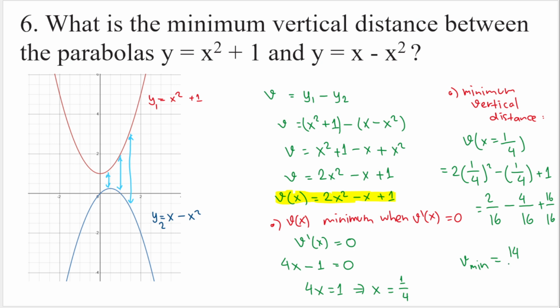So v minimum is 14 divided by 16, or we can divide both numerator and denominator by 2. So I will have v minimum is equal to 7/8. And maybe let's put it in a rectangle and highlight that as our final answer.